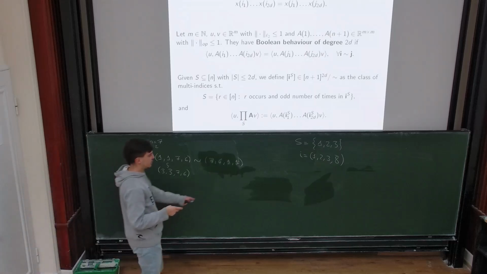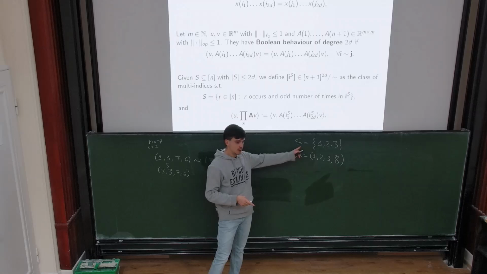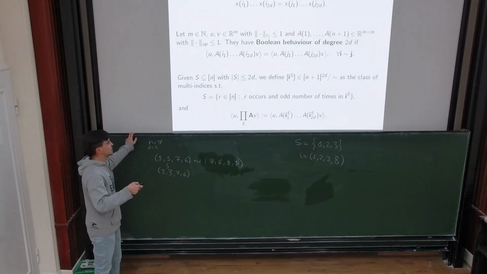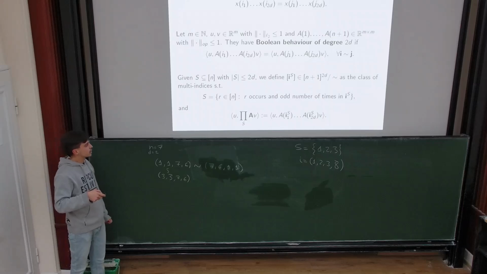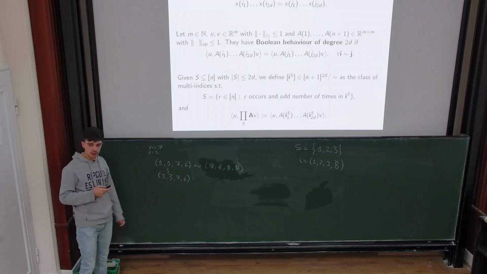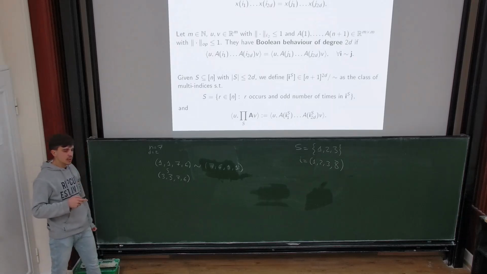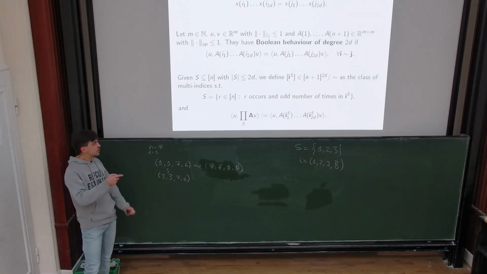And if I look at the elements that occur an odd number of times here, then those elements are S. So for every S, this equivalence class is not empty, and also if two vectors correspond to the same set S, then they are equivalent, it is an if and only if. So this equivalence relation is also useful because it allows us to define the evaluation of the characters on these matrices that have Boolean behavior.